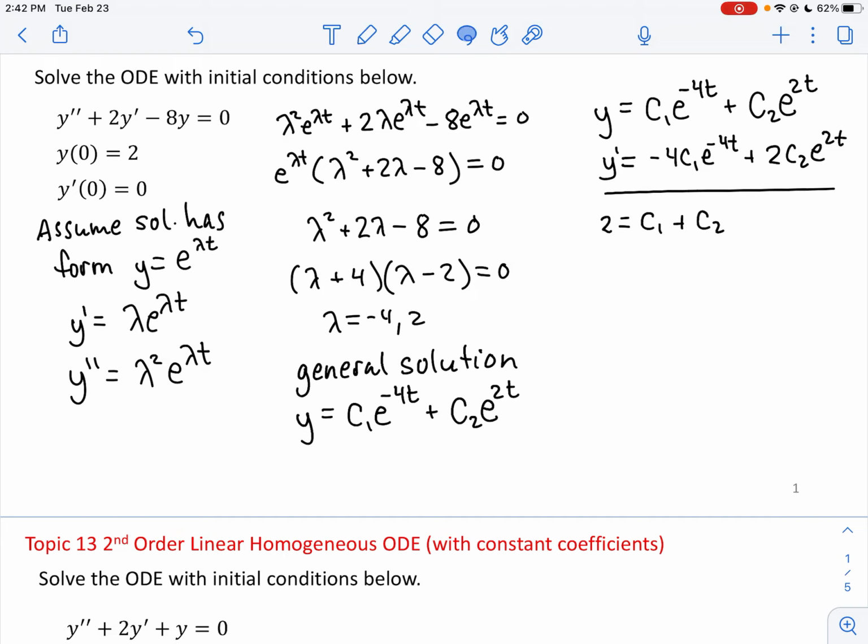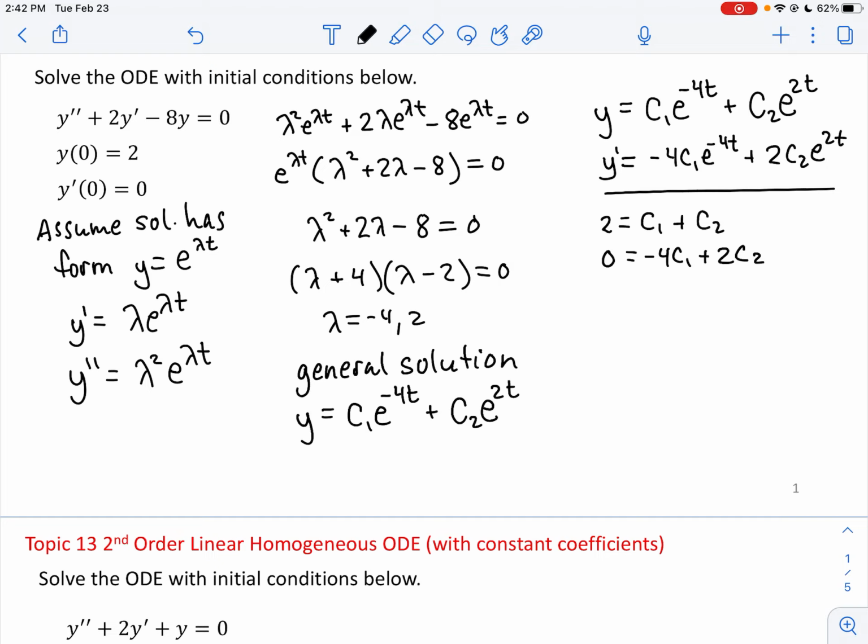And now I'm going to plug in a 0 for t in the derivative, using this bit of data right here, that y prime of 0 is 0. So we have 0 is equal to negative 4c1 plus 2c2, because the e to the 0s will go to 1s. So I don't need to write them.